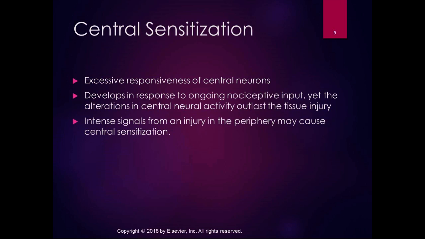So the original tissue injury and nociceptive input actually cause neuroplastic changes in the central nervous system that then create pain activity that outlasts the tissue injury. So that's that person that fell down the stairs in 1972 and they still have pain. The tissue injury is long since healed, but they still have the central sensitization that's causing them pain.